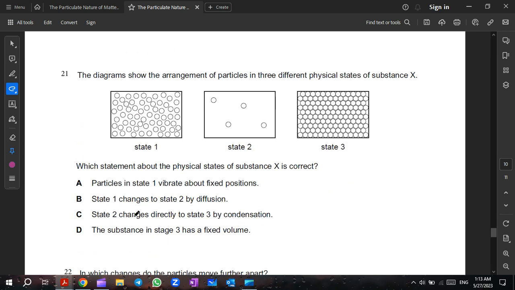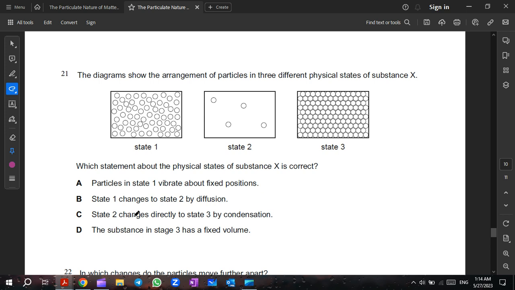The diagram shows the arrangement of particles in three different physical states of substance X. Which statement about the physical states of substance X is correct? Particles in state 1 vibrate about fixed positions. No, state 1 is a liquid, and we know that particles only vibrate in solids, and solids are state 3. So that is not correct.